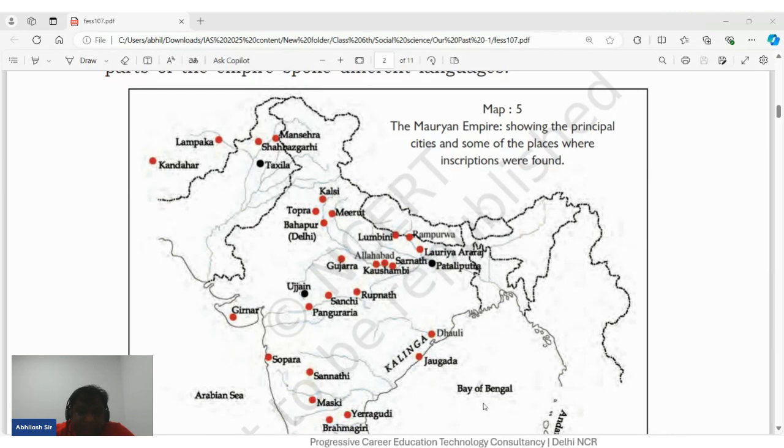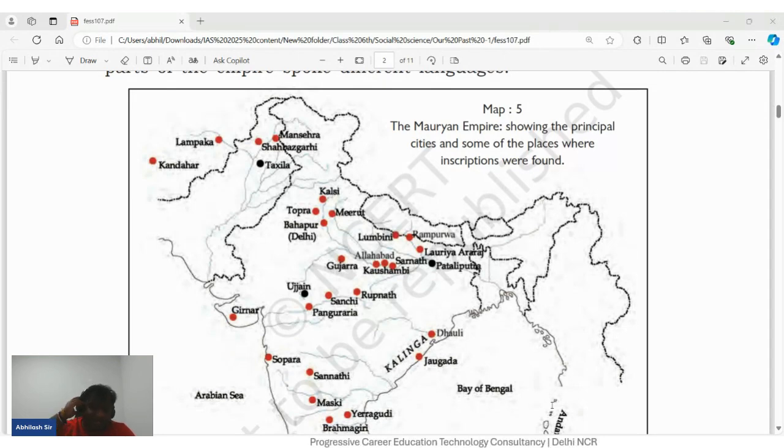Dynasties and the Mauryan dynasty. Definition of dynasty: a dynasty refers to a sequence of rulers from the same family.